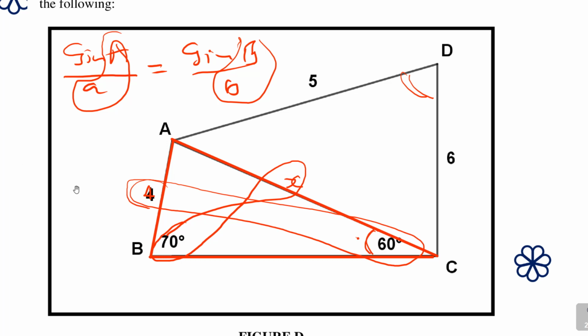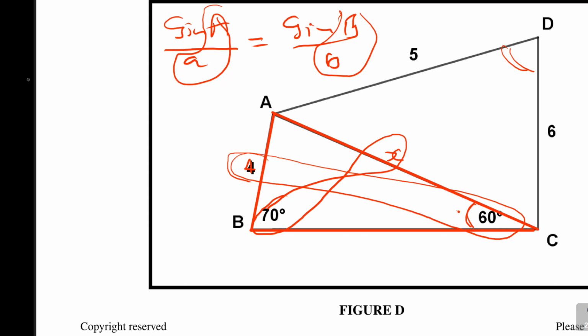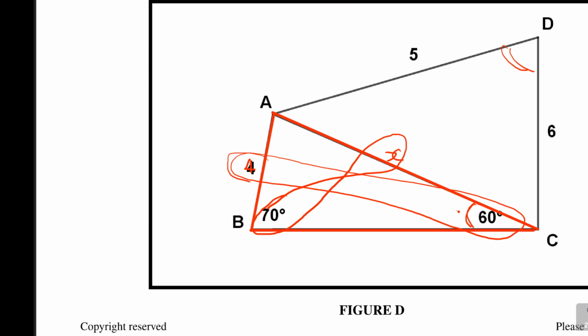So that's reference to A. Actually, what we want is sine C and sine B because it's angle C. So we can say sine B over side b is equal to sine C, that angle, over side c. Are you seeing that?